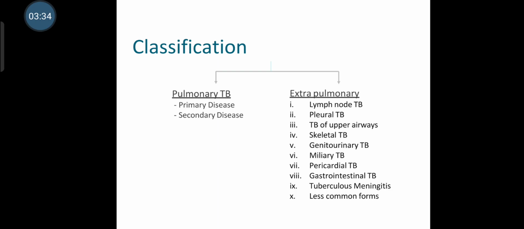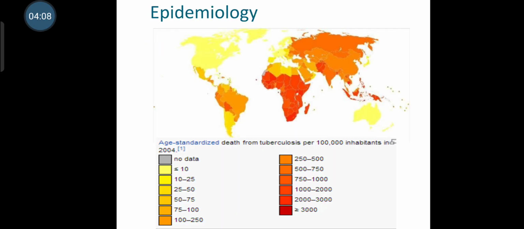It includes lymph node tuberculosis, pleural tuberculosis, tuberculosis of upper airways, tuberculosis of the skeletal system, genitourinary tuberculosis, miliary tuberculosis, pericardial tuberculosis, gastrointestinal tuberculosis, tuberculous meningitis, and other less common forms. These are the two basic classes and subclasses of tuberculosis.